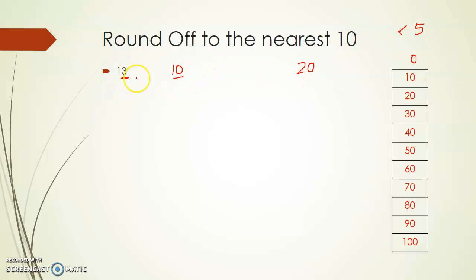If the digit in the ones place is greater than or equal to 5, round off to the bigger number. So here the digit in the ones place is 3. 3 is less than 5, so we round it off to 10. So 13 rounded off to the nearest 10 is 10.